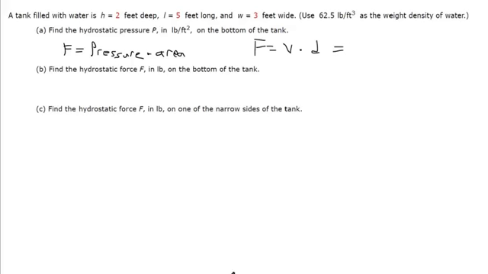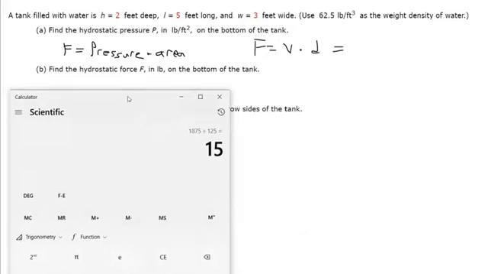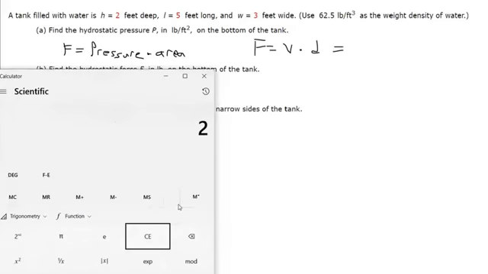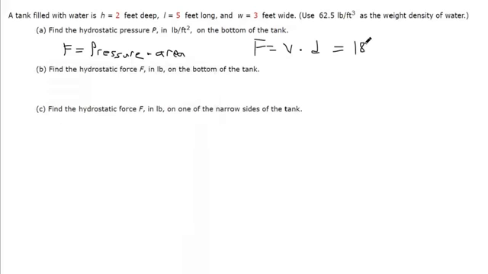And since it's a rectangle, the volume is just length times width times height: 2 times 5 times 3. So it makes 30 for volume, and then times 62.5 for density. So that's 1,875 for force.